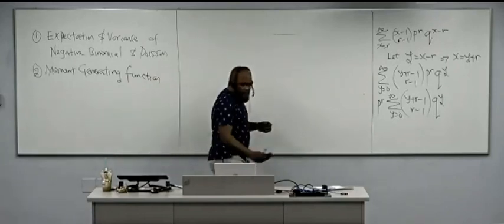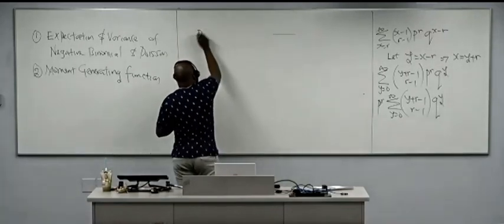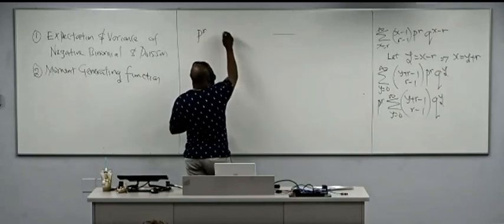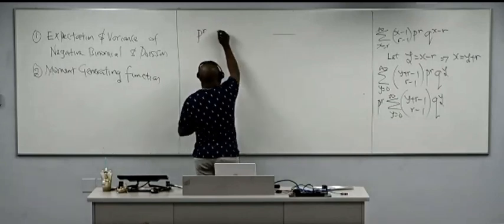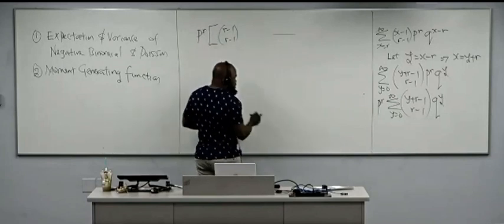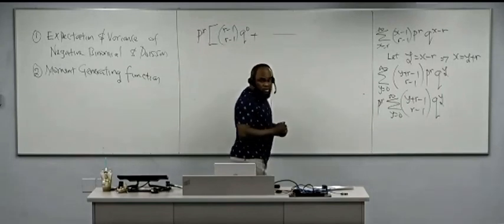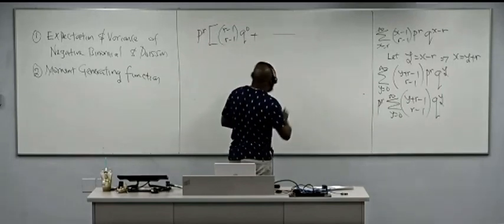If I try to rewrite, I've got p raised to power r, okay, y starts from 0. I'm actually going to have this guy, q raised to power 0, plus, okay, y goes to 1.